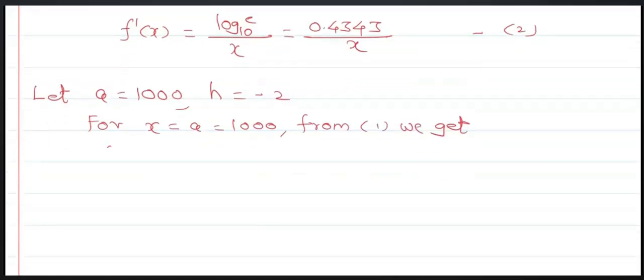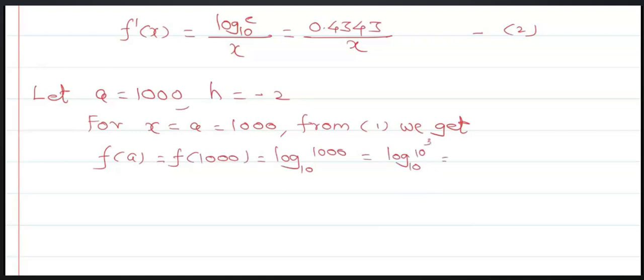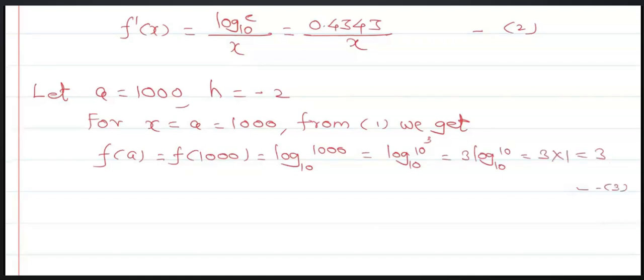Now we'll find the value of f of a, that is f of 1000, the log of 1000 to the base 10, which is 10 raised to 3 to the base 10, that is 3 into log of 10 to the base 10, that is 3 into 1, that is 3.